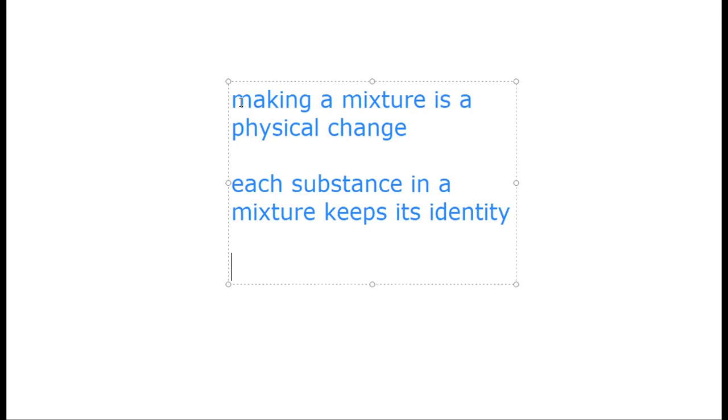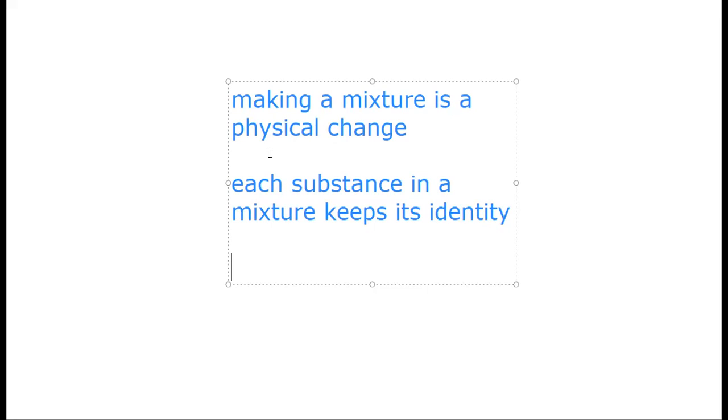Salad, mixing colors, each type of vegetable in the salad keeps its own identity. They are just placed together in the same place. So making a mixture is one of the examples of a physical change.